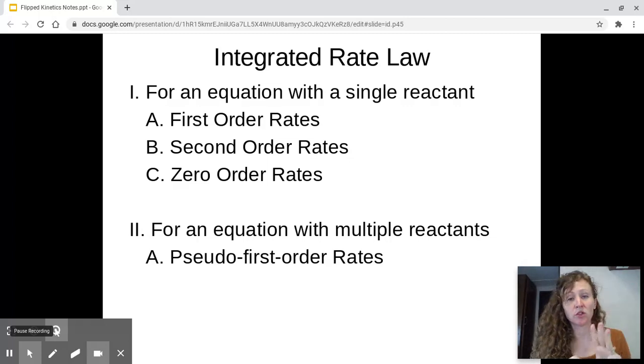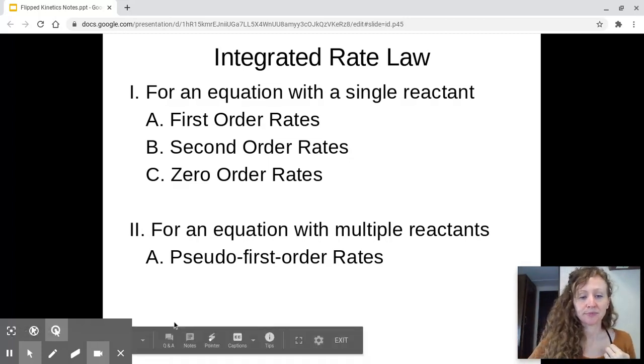Those are the 3 that you are responsible for knowing. Now, others can exist. There's also a pseudo first order rate that can exist, but the scope that we're going to deal with is going to be for 0, first, and second.